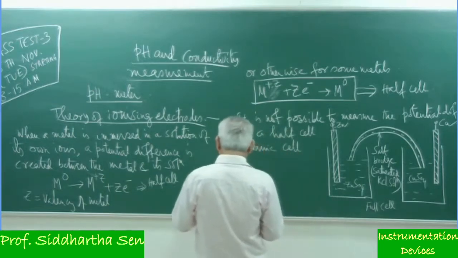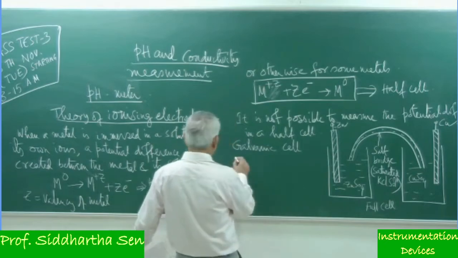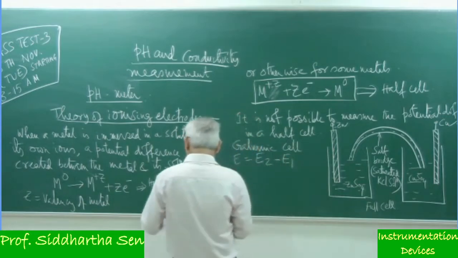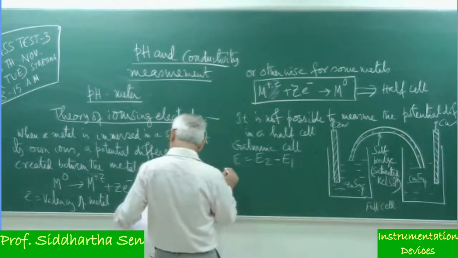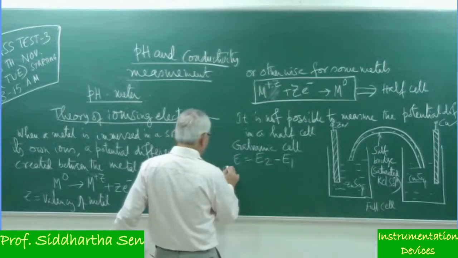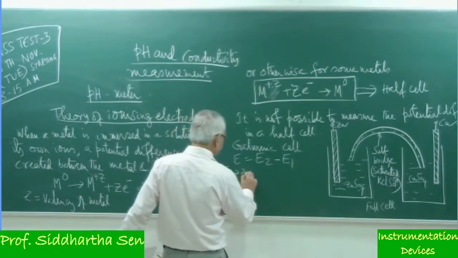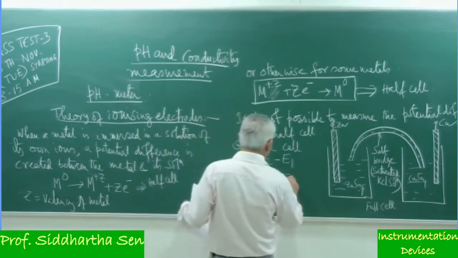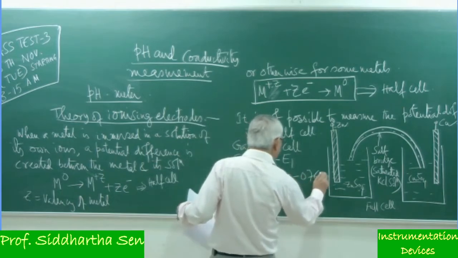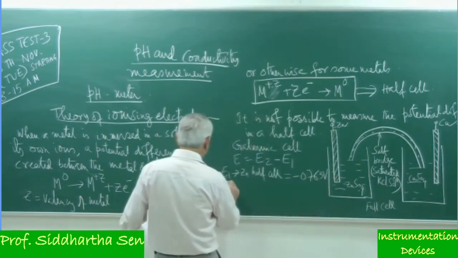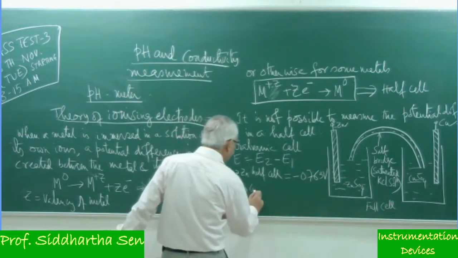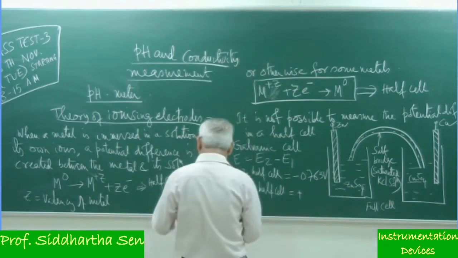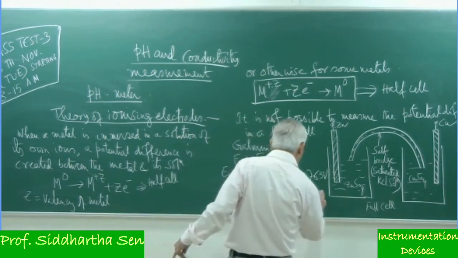So the potential difference is E equal to E2 minus E1. E1 is the zinc half cell, which is equal to minus 0.763 volt, and E2 is the copper half cell, and the potential is equal to plus 0.337 volt.